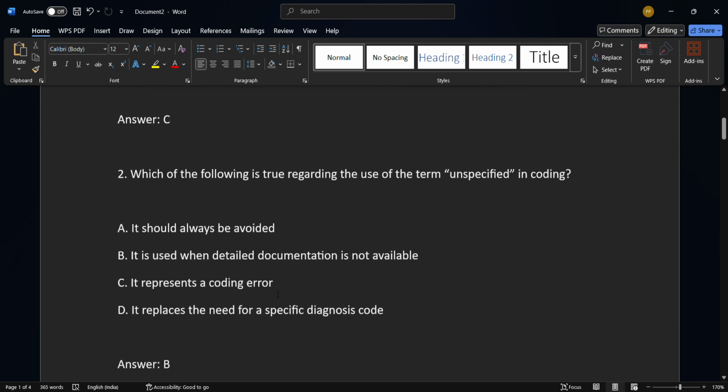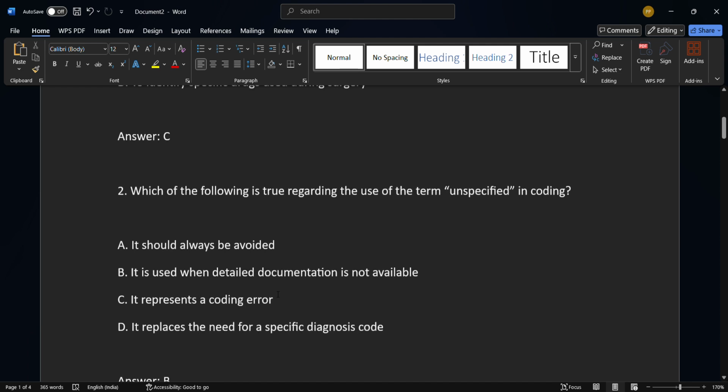Second question: which of the following is true regarding the use of the term unspecified in coding? It is a very important question, you have to mark it. What is the use of this term? Option A, it should always be avoided. Option B, it is used when detailed documentation is not available.